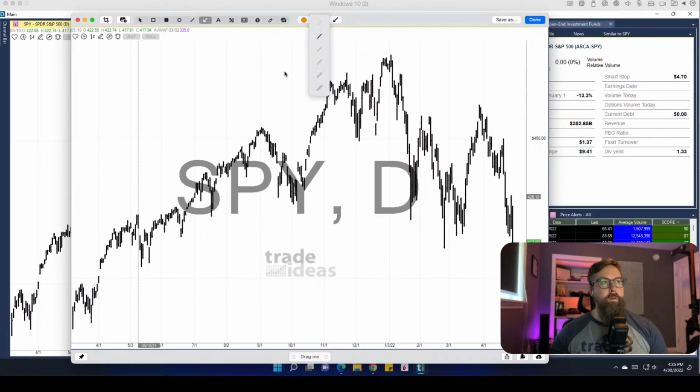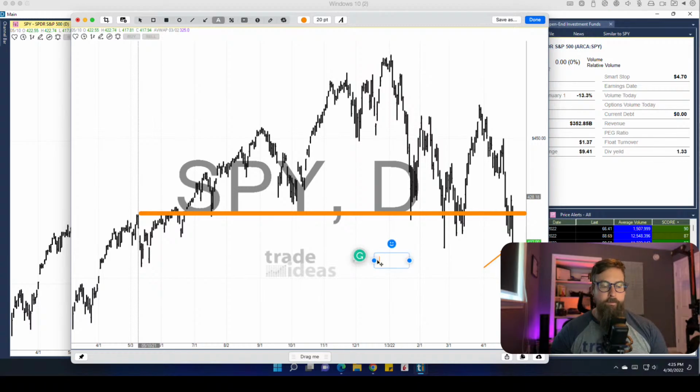I've just been absolutely pounding the table on the fact that this 420-ish area in here has been huge. Now we've had a pretty decisive close. So, ugly close under 420.